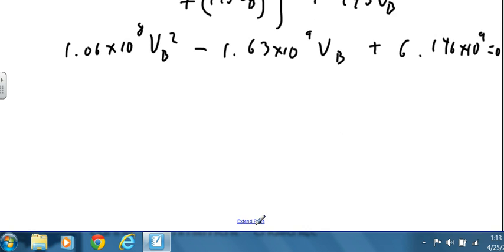Okay, now I go into my equation solver, and I find that my A is 1.06 E8, my B is minus 1.63 E9, my C is 1.146 E9, solve it, and I get X1 is 6.62, and X2 is 8.75, and I know that that's wrong too.